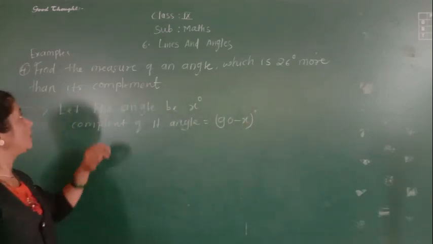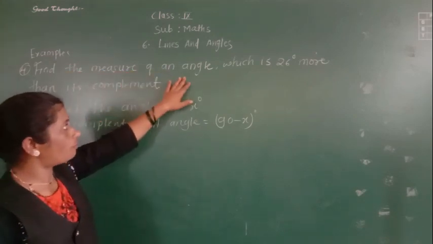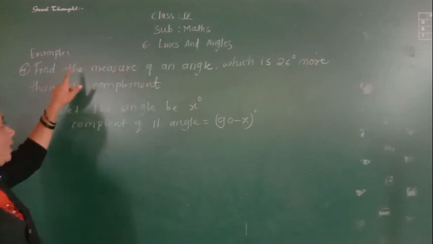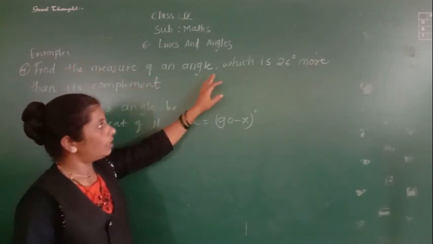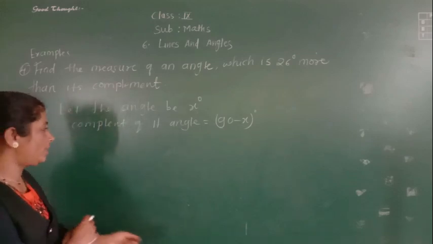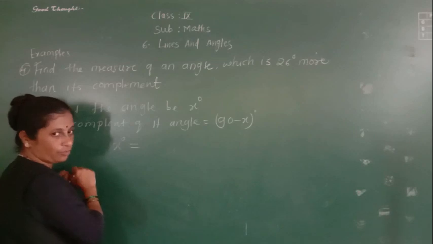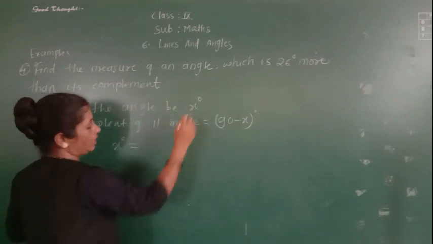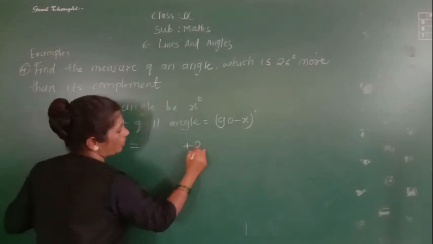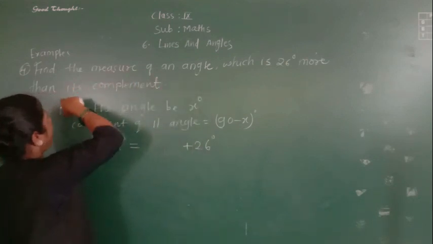So according to the condition, find the measure of an angle which is 26 degree more than its complement, right? So here x degree equals, which is 26 degree more. 26 degree more means plus 26. 26 degree more than its complement.